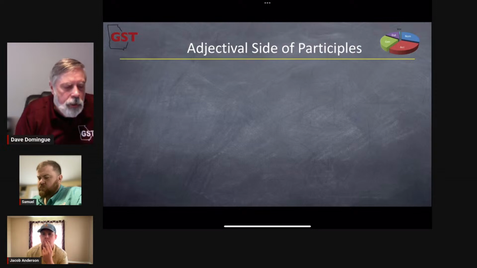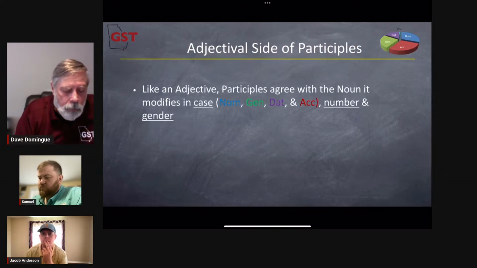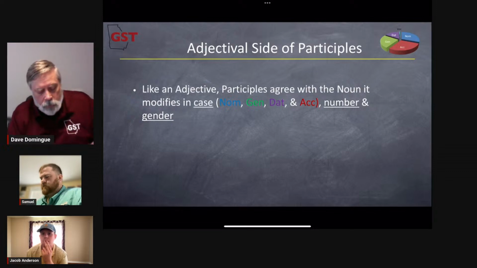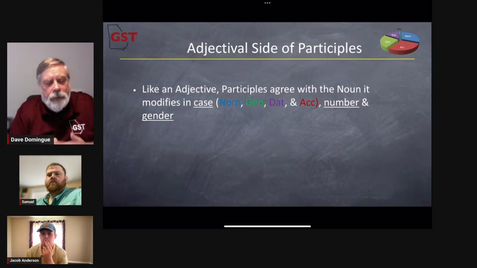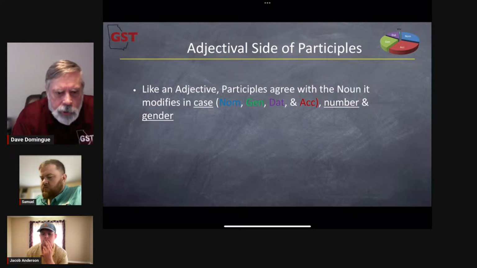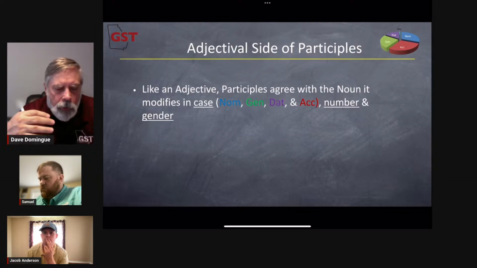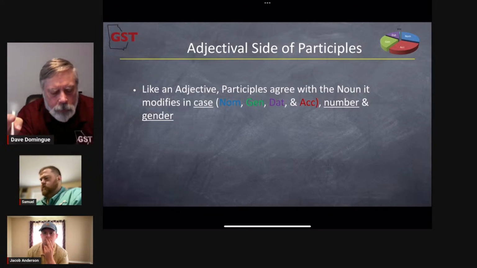The adjectival side looks exactly the same, but a participle has a verb component. It also has an adjectival component, and what's in between? Jake, what connects the verbal component of a participle with the adjectival component of a participle?